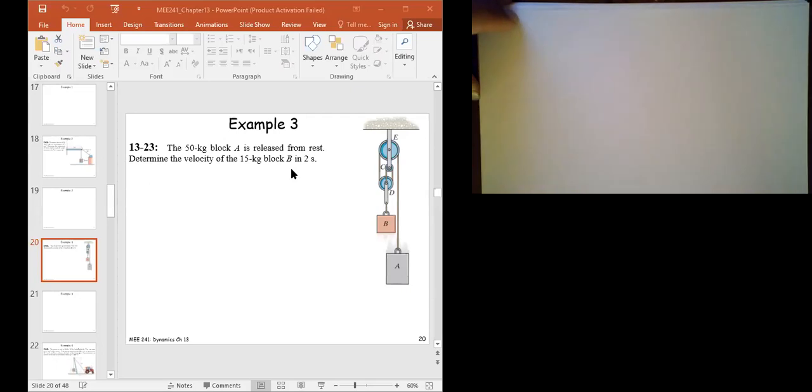Here we have two rigid bodies, so we would have to do two free body diagrams.